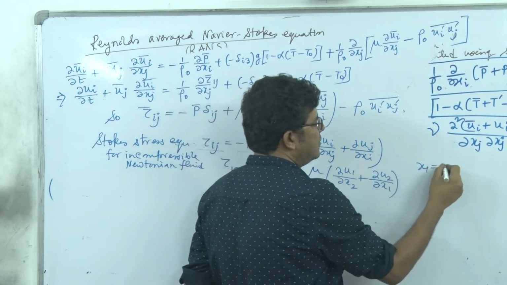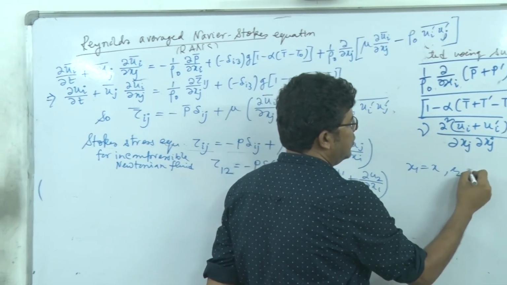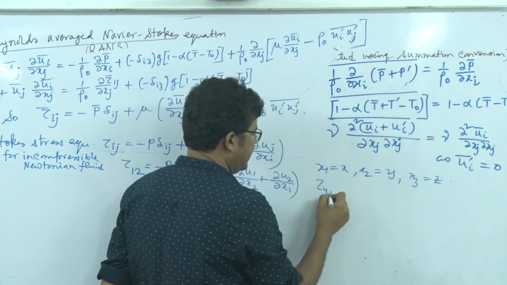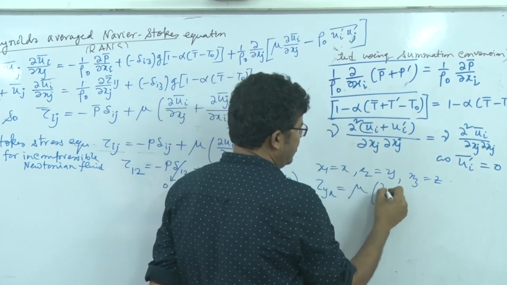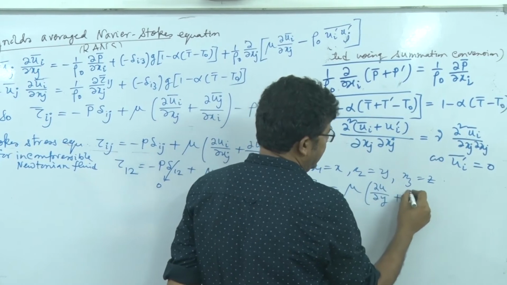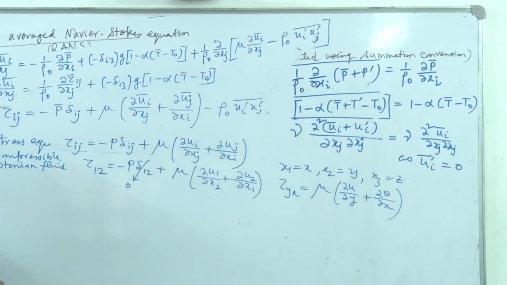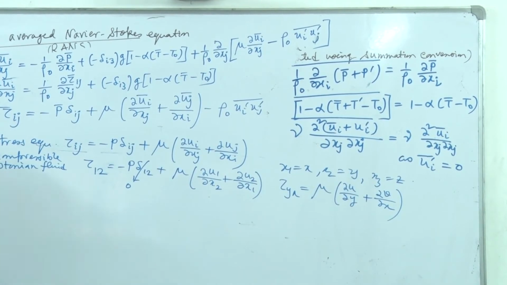Check, just X1 is X, X2 is Y and X3 is Z. So obviously this is tau xy equal to mu (del U del Y plus del V del X). The same Stokes stress equation we have derived from this angular deformation, right?